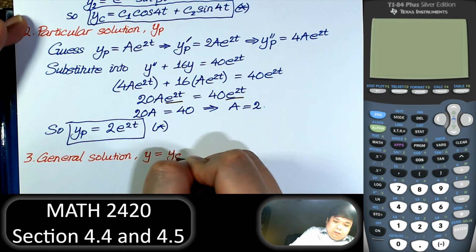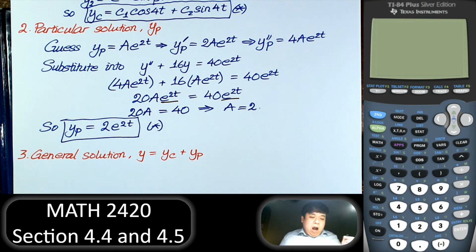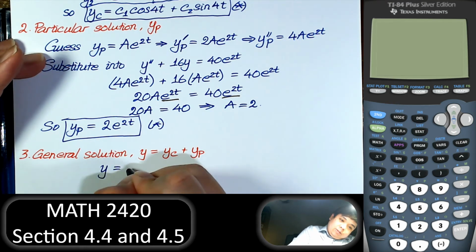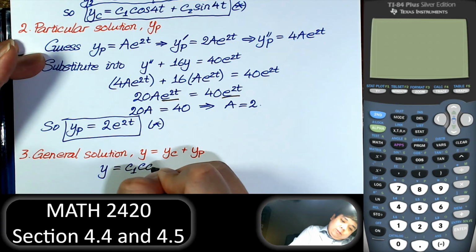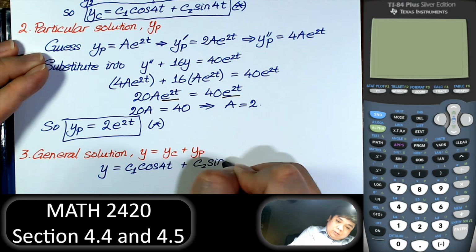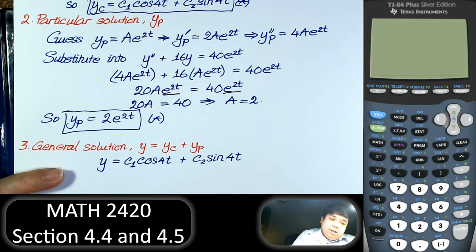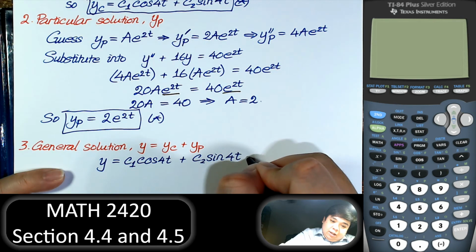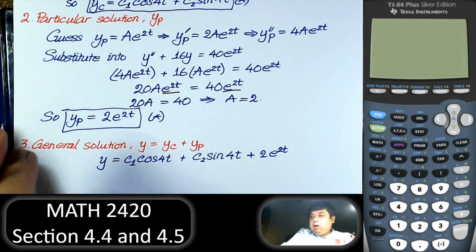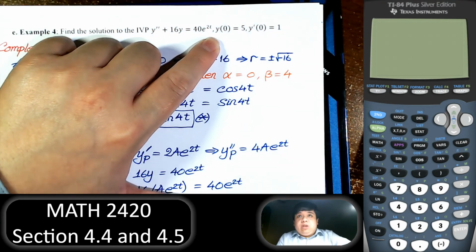The general solution is the complementary solution plus the particular solution. Right, so that's good and all. Next, we need to solve for the initial condition.